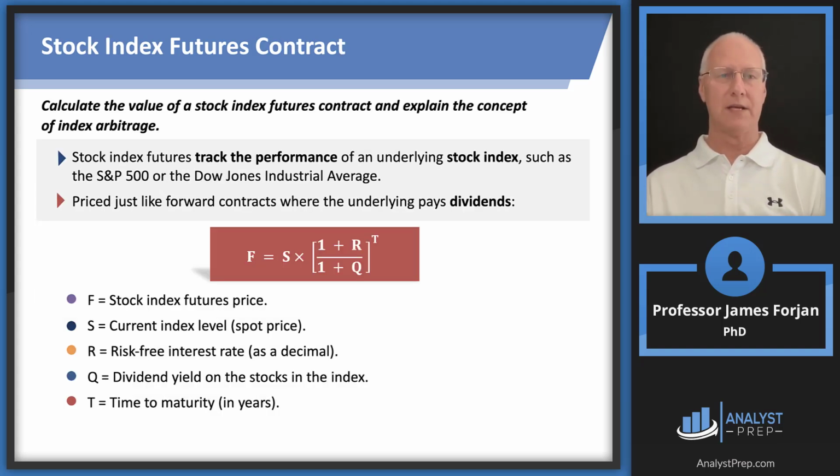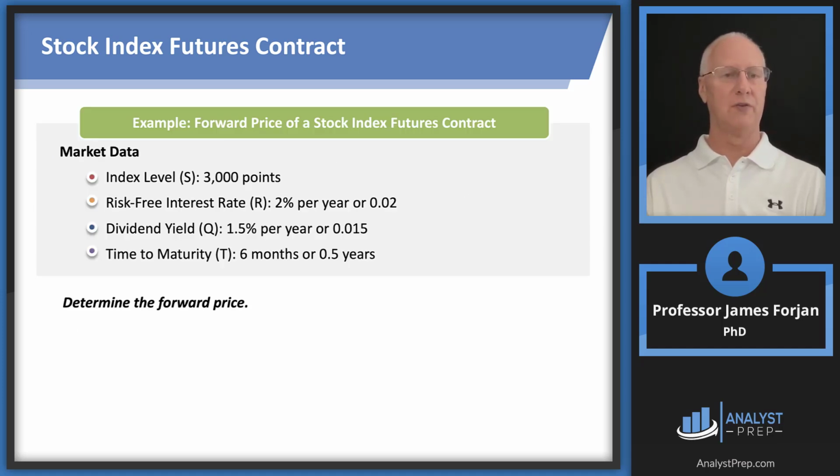All right, so instead of just Jim's Concrete Company, let's suppose that it's a piece of paper that's a derivative for the entire S&P 500 index. So there's an equation that we've just had, priced just like forward contracts where the underlying pays a dividend. So here's where we go. 3,000 is the index level, risk-free rate 2%, dividend yield 1.5%.